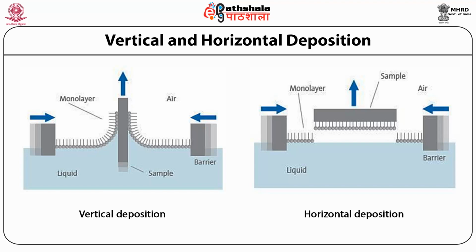On the left hand side you can see that the substrate was already inside the liquid before the layer was prepared on the surface, and when you lift it up in a single stroke, you will see that a monolayer gets deposited on the surface. Usually the quality of one side of the surface is very high and the other side is rough, so we can use the characterization on the side where the roughness is very low.